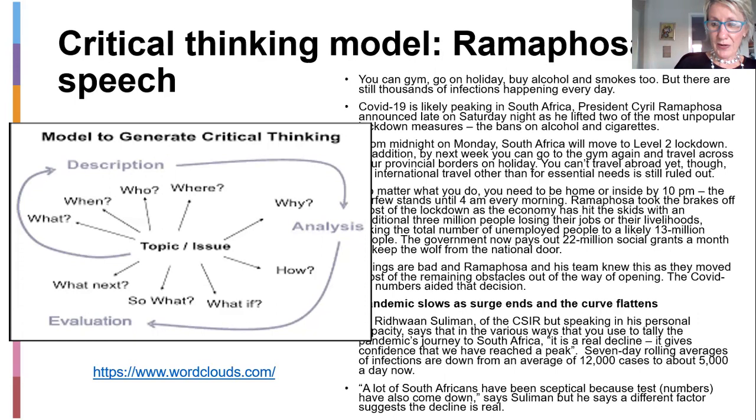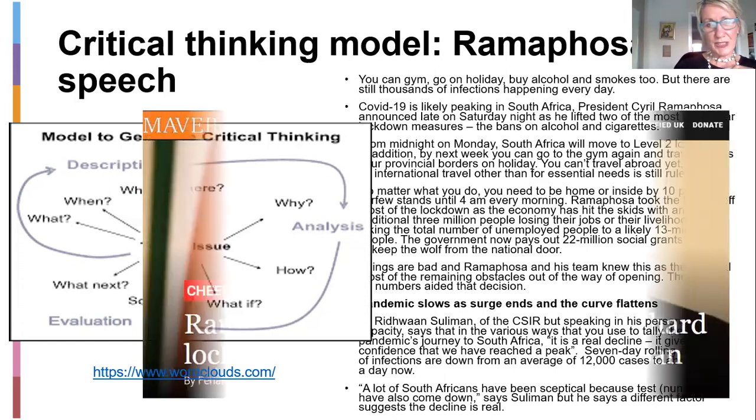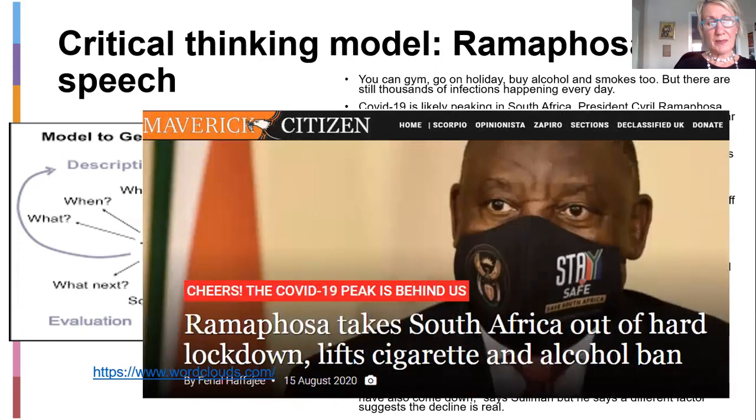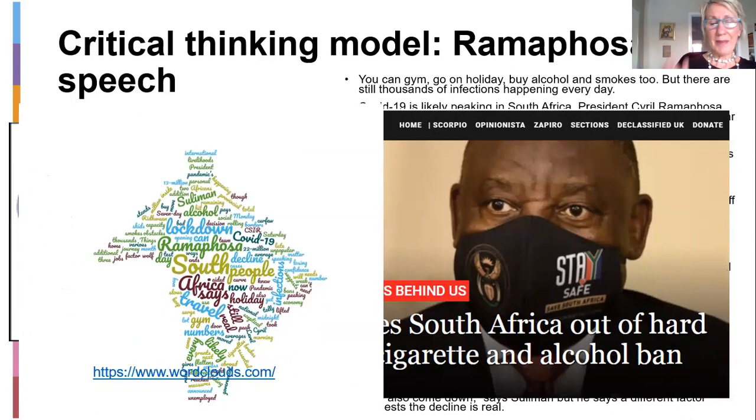I'm going to look at Ramaphosa's speech last year, about July. I went and downloaded it from the internet. There's the whole speech. I went to www.wordclouds.com, the link is at the bottom. This is when Ramaphosa takes South Africa out of a hard lockdown and lifts the cigarette and alcohol ban. I copied that whole section from the internet and pasted it in a word cloud.